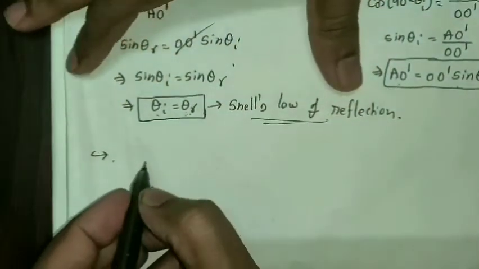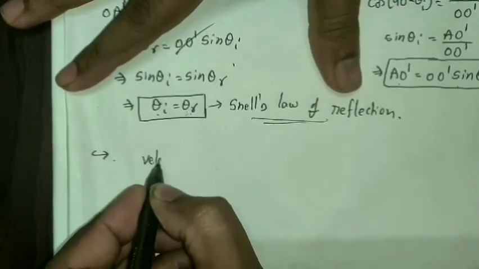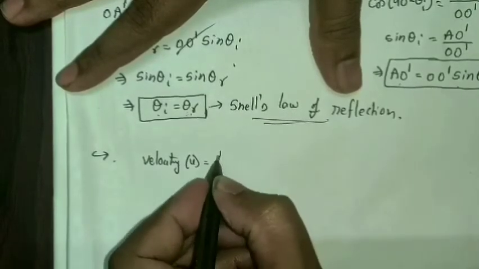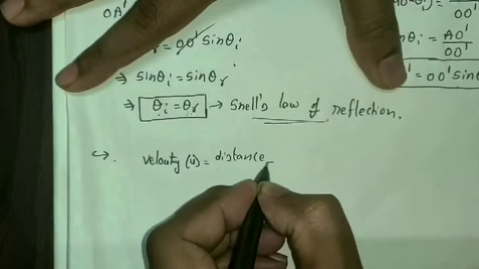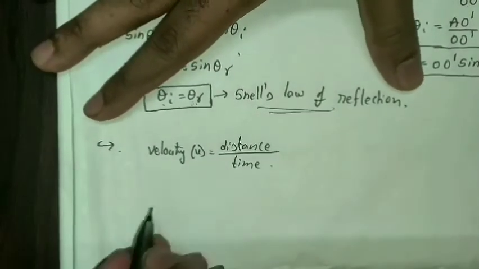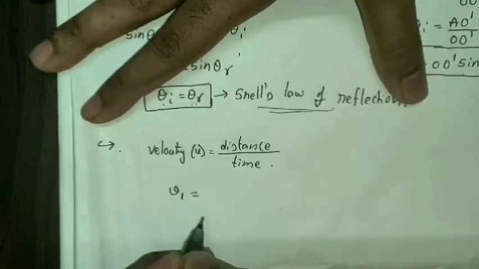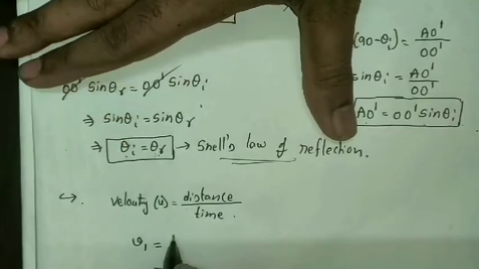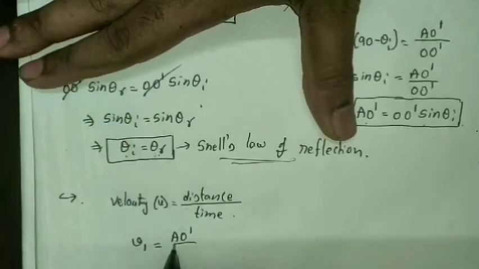Since the times are equal, as we know, velocity equals distance divided by time taken. For medium 1, the velocity is V1 and the distance covered in medium 1 is AO', so V1 equals AO' divided by t.